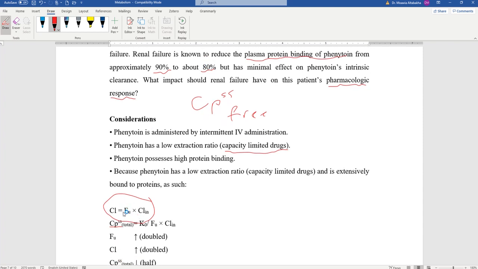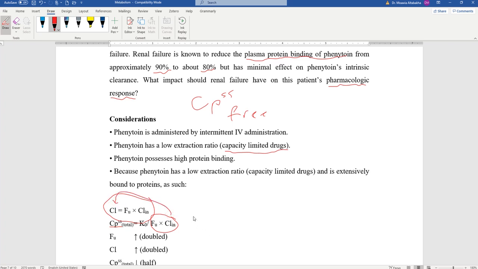It means the fraction unbound doubled. Okay, what is CPSS total equal to? It's equal to K0, let's say the dosing rate, divided by fraction unbound times the intrinsic clearance. Okay, this is the clearance. Why did we put this here? Because this is equal to what? To the total clearance.